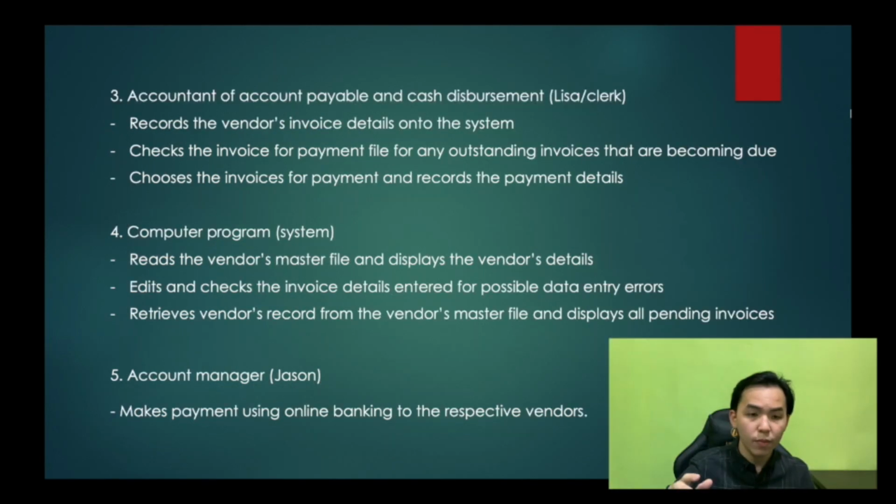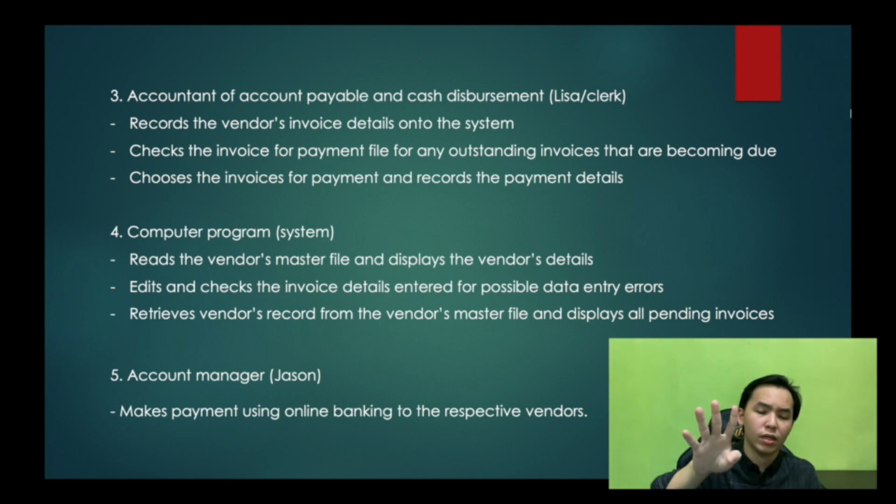For the third entity is accountant of account payable and cash disbursement, that is Lisa, a clerk. The activities are: records the vendor's invoice details into the system; second, checks the invoice payment file for any outstanding invoices that are becoming due; third, chooses the invoices for payment and records the payment details.